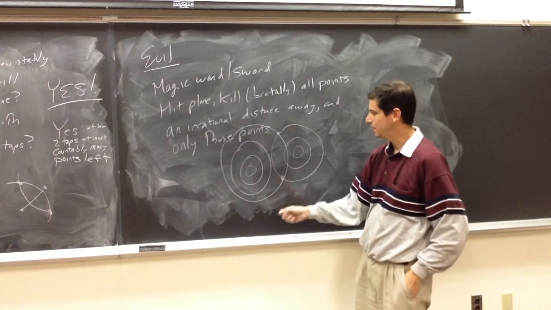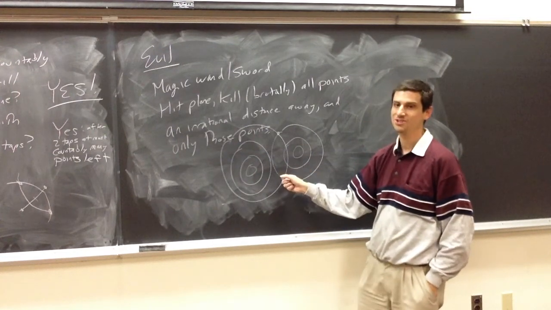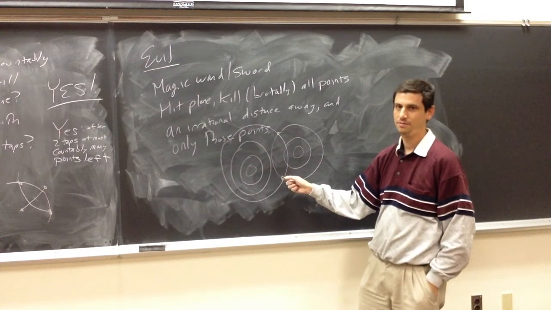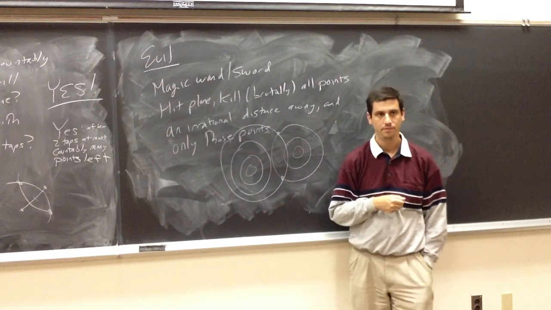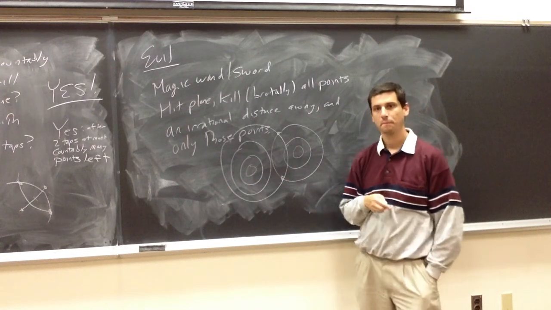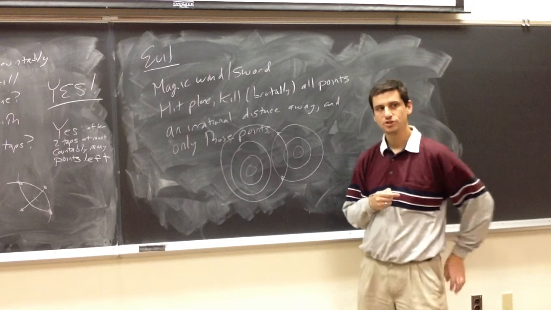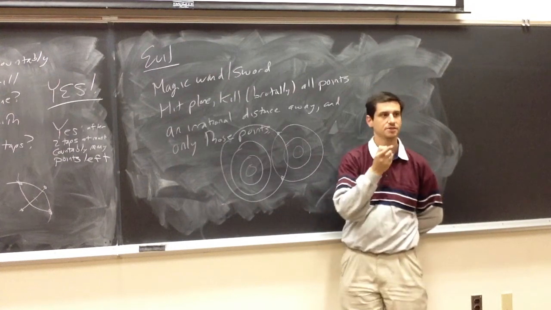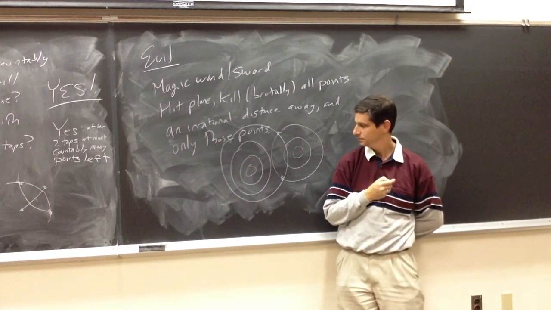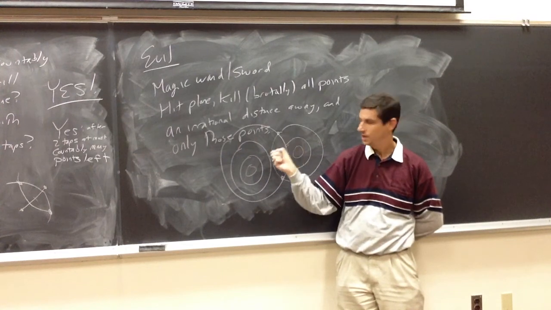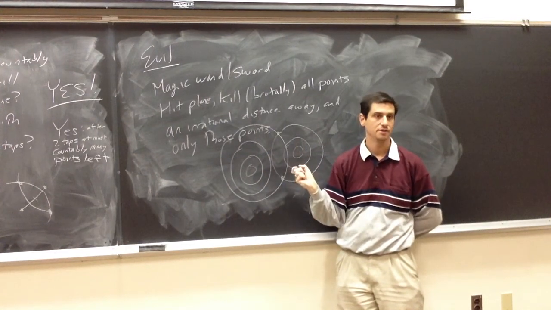But it could be an irrational distance from these, but maybe a rational distance from here. So maybe I have, yes? Oh, those two safe points, they're a rational distance from each other, right? We don't know that. You don't know that for sure.